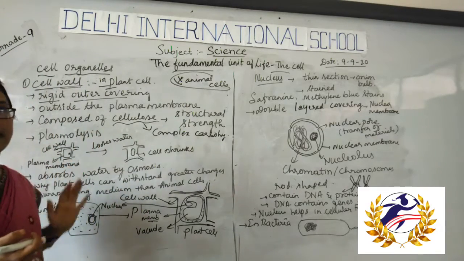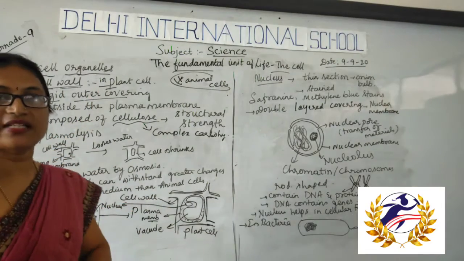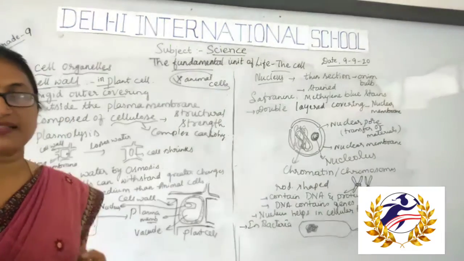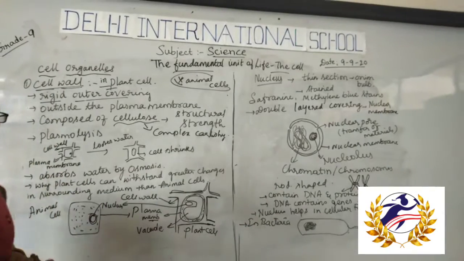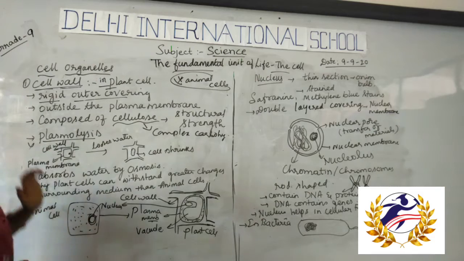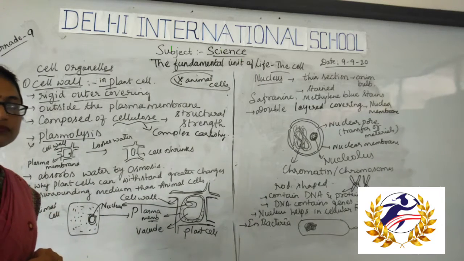Because of the cell wall, the plant cells are very safe from the extreme atmospheres of the environment. For example, they do not commonly undergo plasmolysis. What do you mean by plasmolysis?